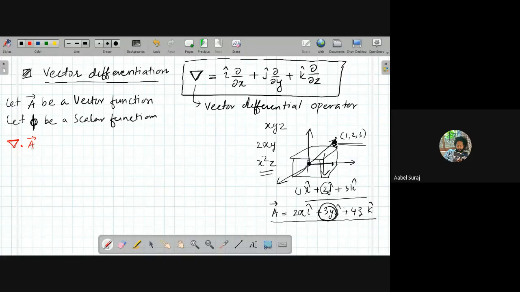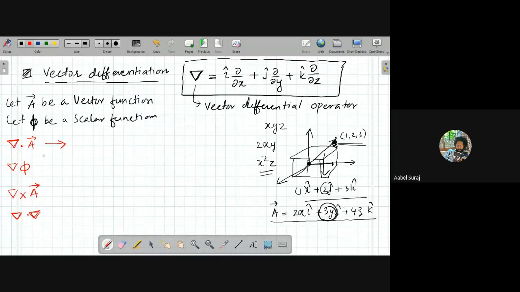Only then can we do del dot a, because we can only do a dot product of two vectors. Now we define one more thing, del phi, gradient, and we define del cross a, and the next one is del dot del. We'll define each of these.